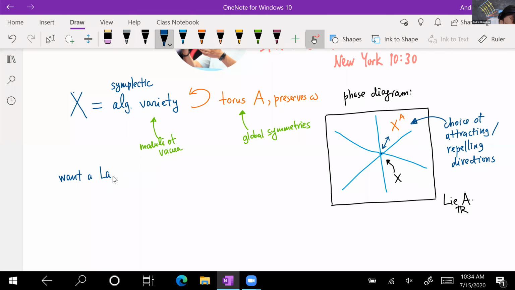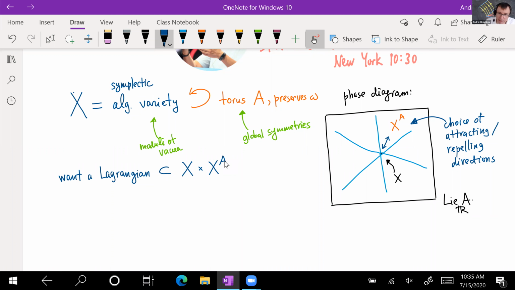So we want a Lagrangian inside X cross the fixed locus, some interface that connects them.